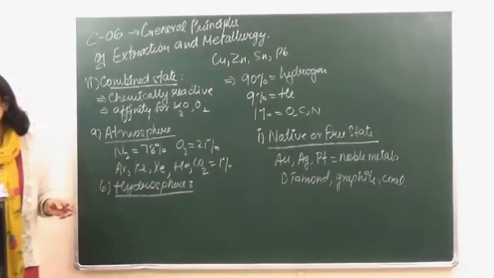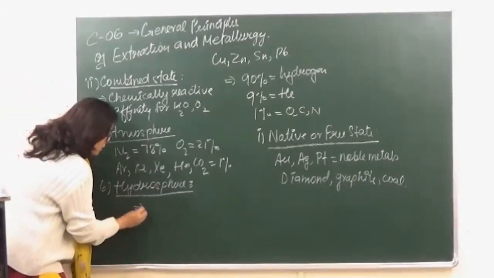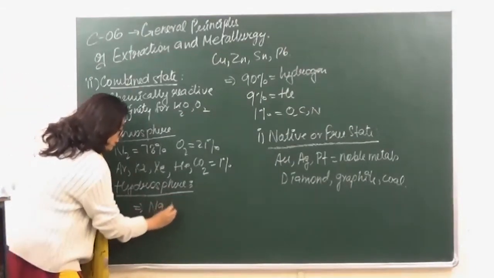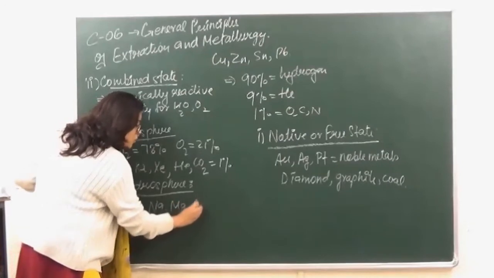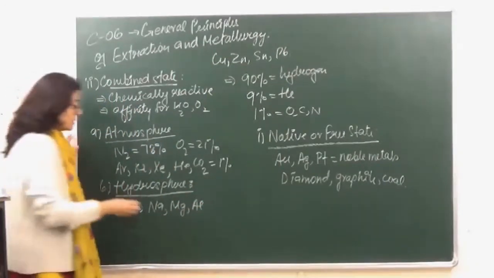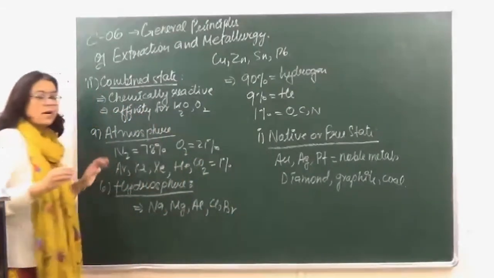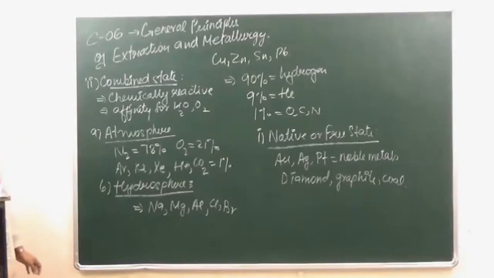In case of hydrosphere, sea water is going to contain many elements like sodium, magnesium, aluminium, chlorine, bromine. So these are the elements which are present in the hydrosphere.